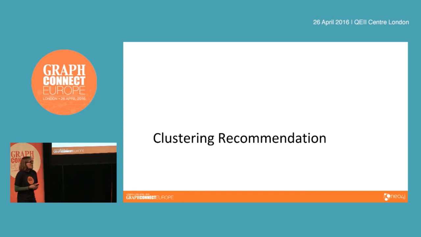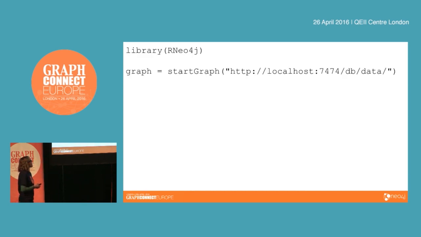So this is what I've always had to do, which is use some form of statistical software, pull data out of Neo4j into, let's say, Spark, R, or Python. Here I have an example of some R code.